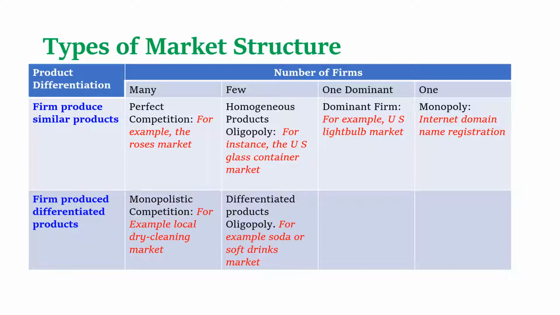Now, if you look also at the monopolistic competition here, the second row, you tend to realize that this is the case of many firms producing different products. Take the case of legal services. You have so many lawyers, law firms, right?